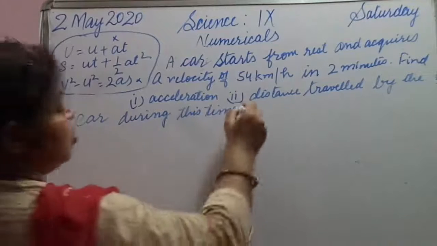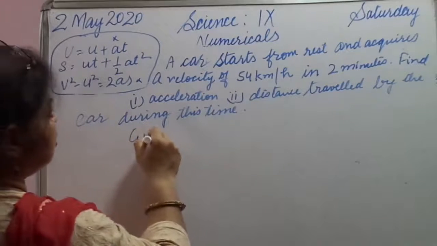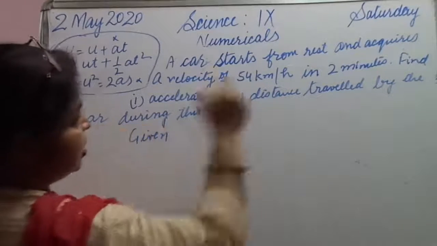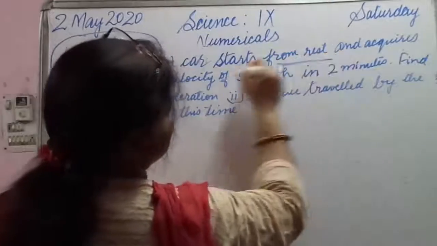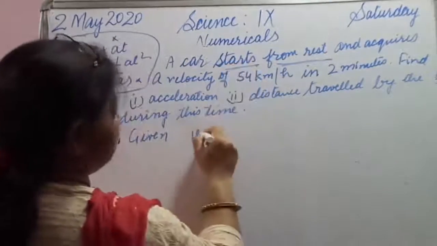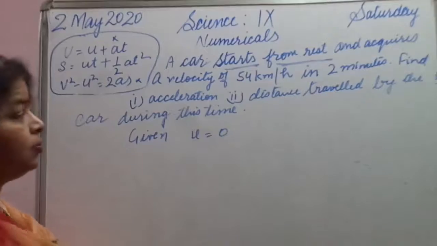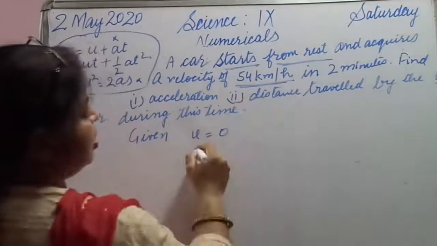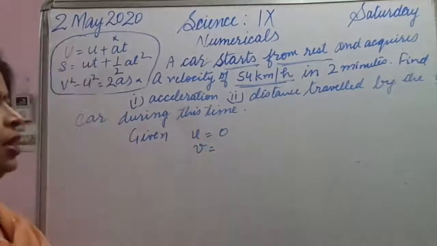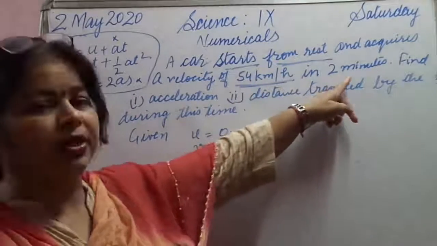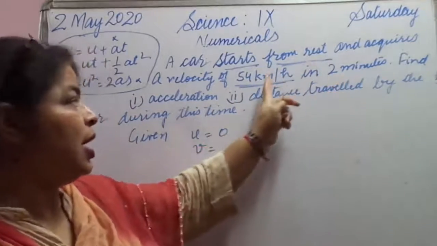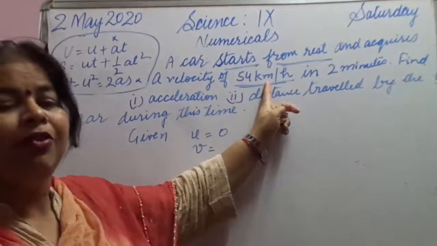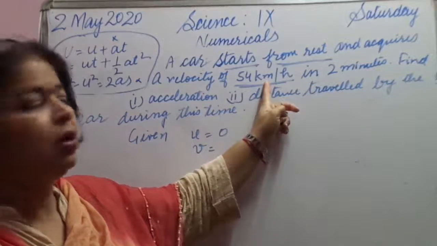Okay, so let us start writing given. What is given? Starts from rest. It means u is equal to 0. And acquires a velocity of 54 km per hour. It means v, after 2 minutes. Time duration is given and its final velocity becomes 54 km per hour.